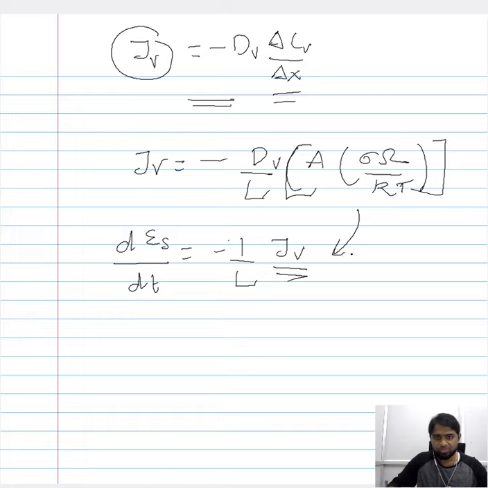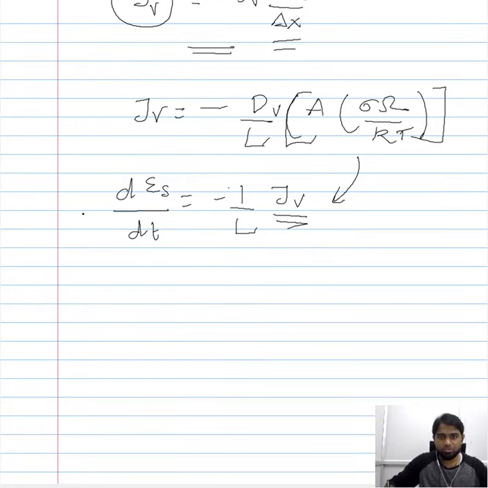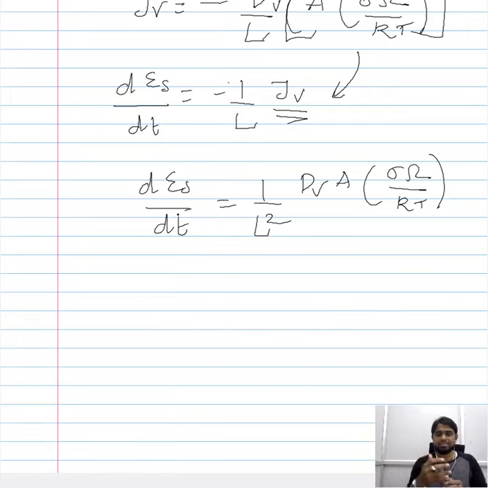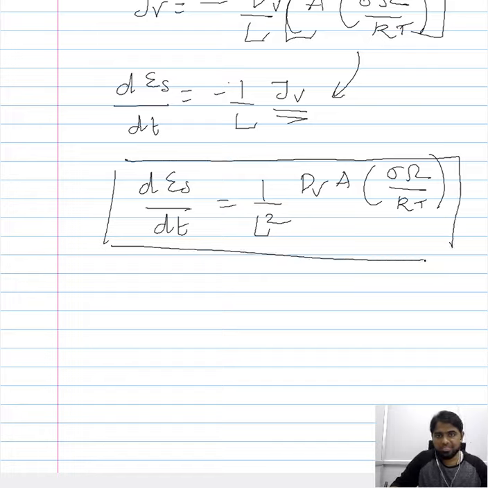When you substitute this here, you can see that the steady state creep rate depends on 1 by L squared, D_V, A, the influence of the stress. So this is the final expression for the creep rate under the diffusion creep mechanism. This expression governs the steady state creep rate under the diffusion creep mechanism.